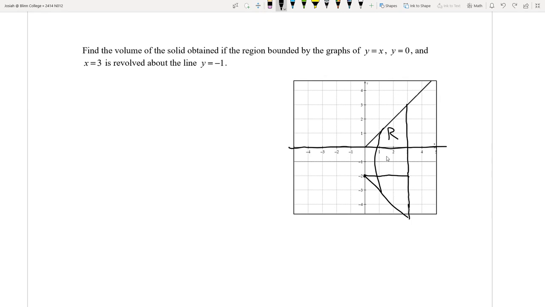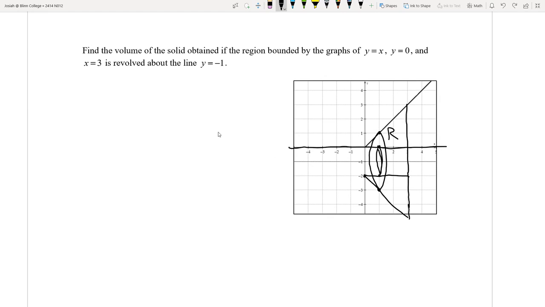I am struggling with making those circles, so I'll go ahead and draw in my points. So you can see that our inner radius is going to be consistent. We're only going to have this little bit cut out. It's always the same inner radius, so it's really just going to be a cylinder that we're cutting out.